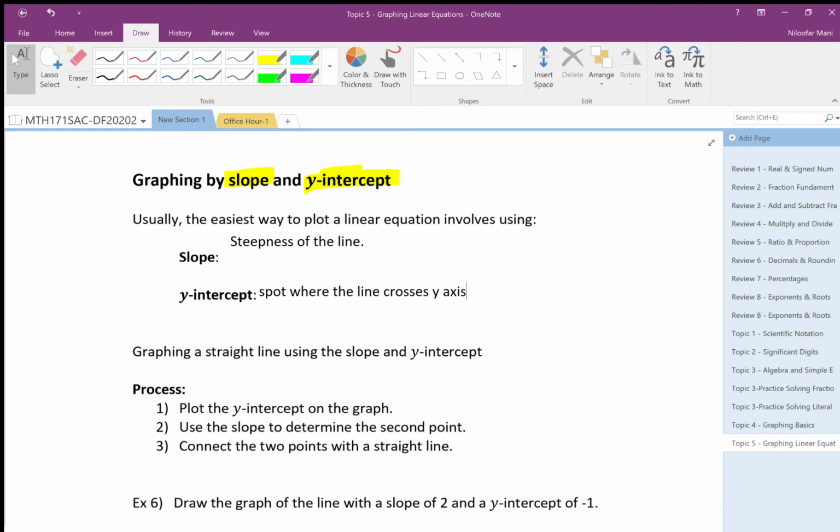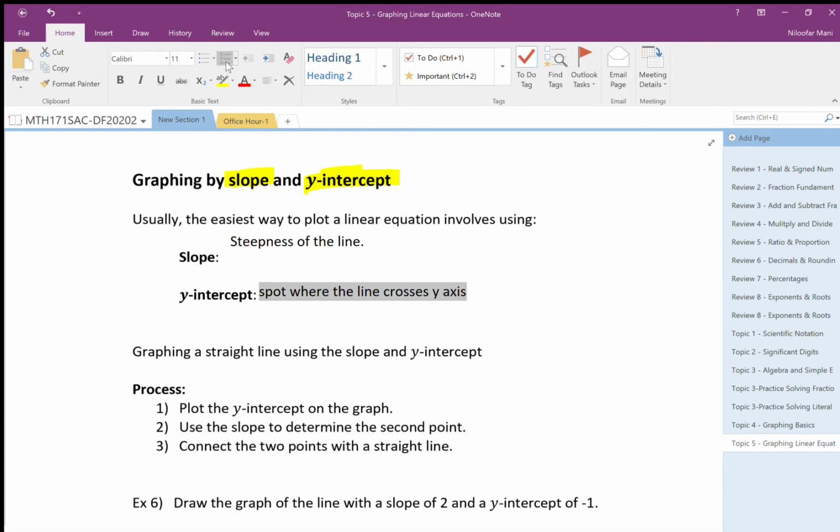Okay, so pretty good. So the next step here. Maybe I can change the color.